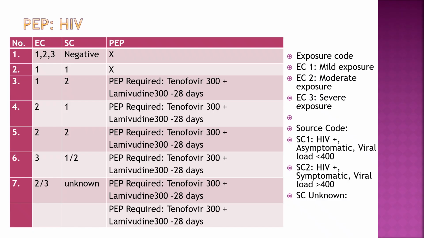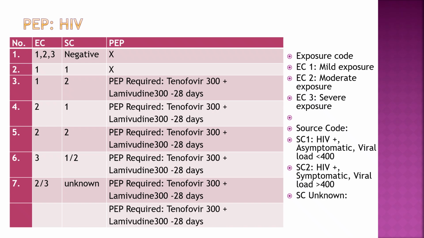If exposure code 1, 2 or 3 and source code negative, then PEP is not recommended. If exposure code 1 and source code 1, then also PEP is not recommended. Exposure code 1, source code 2, PEP required, that is tenofovir 300 mg and lamivudine 300 mg for 28 days.